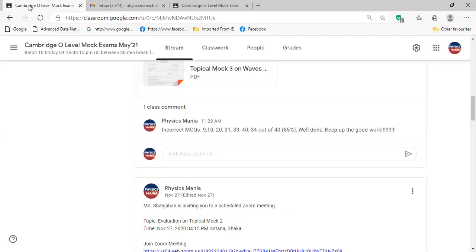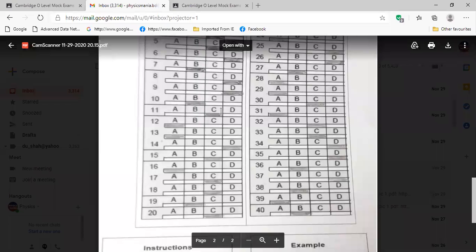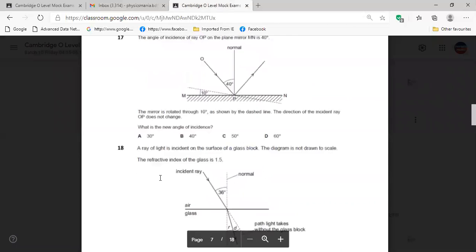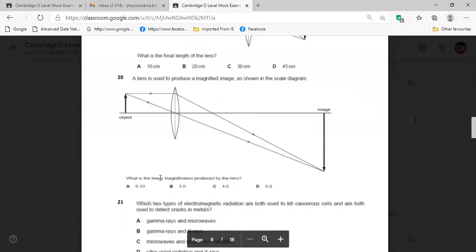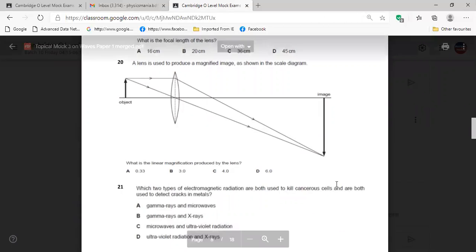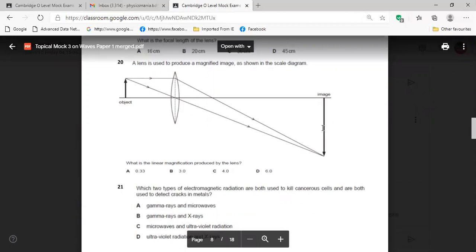So next is 20. See, you gave C. C you gave. So it is 4 times. You got it 4 times the length.